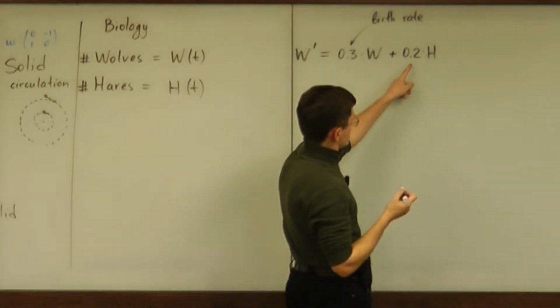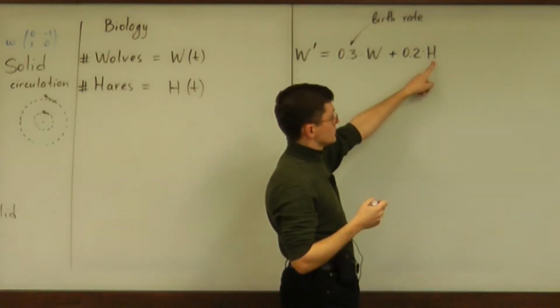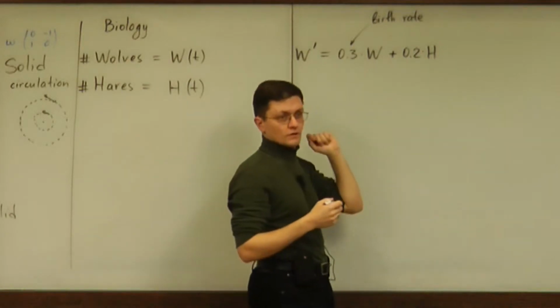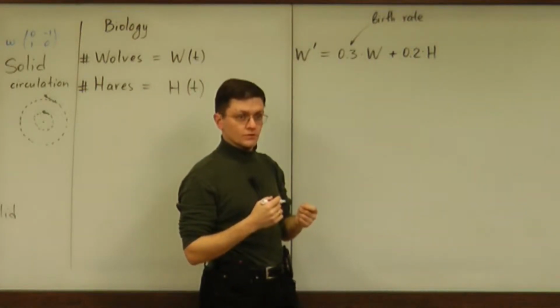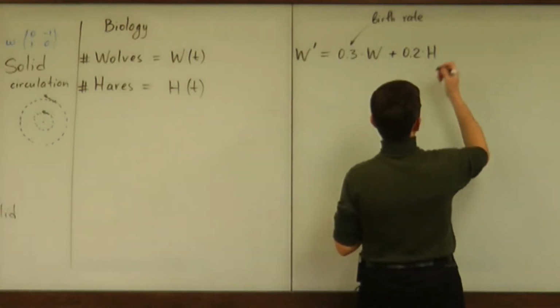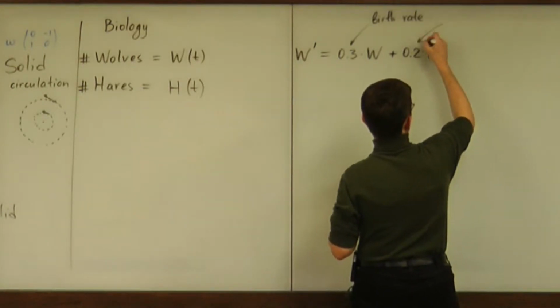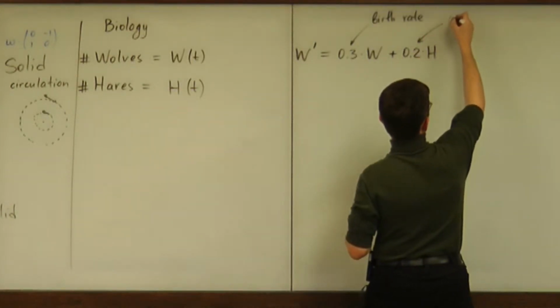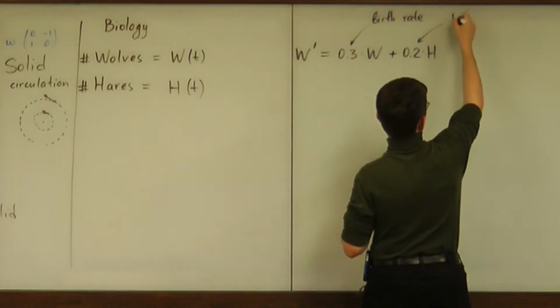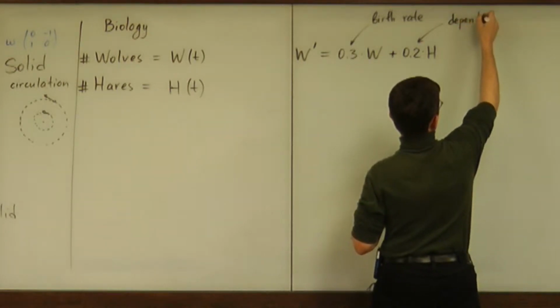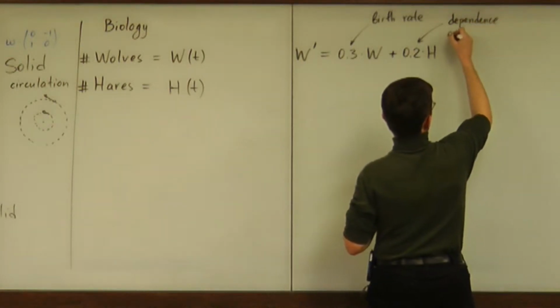And that coefficient is positive in the sense that the more food we have, the faster the population of wolves grows. So this is the coefficient responsible for the dependence on food.